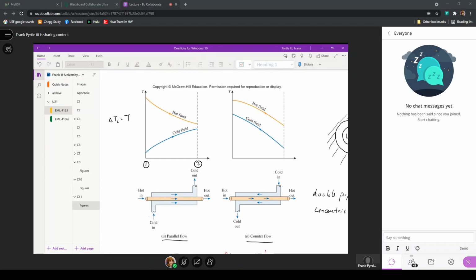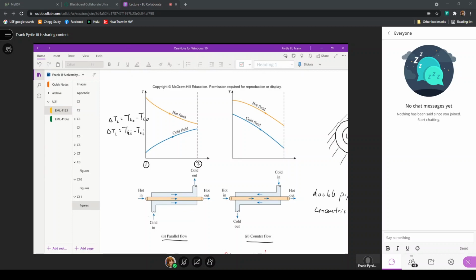So this would be T hot out minus T cold out. Delta T1 will be the hot inlet temperature minus the cold inlet temperature, T hot in minus T cold in.